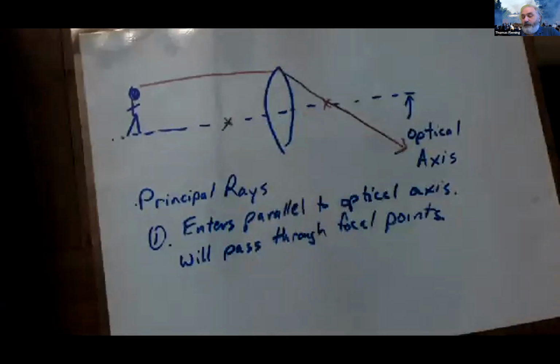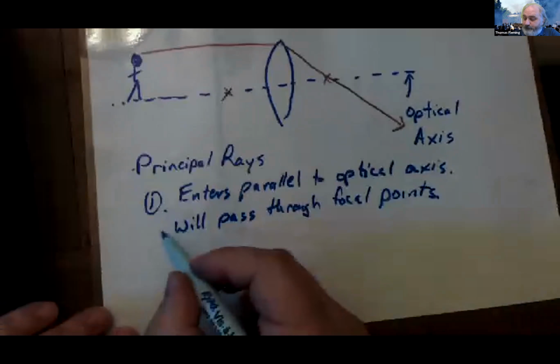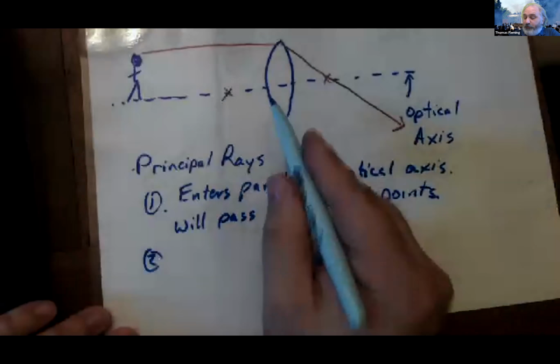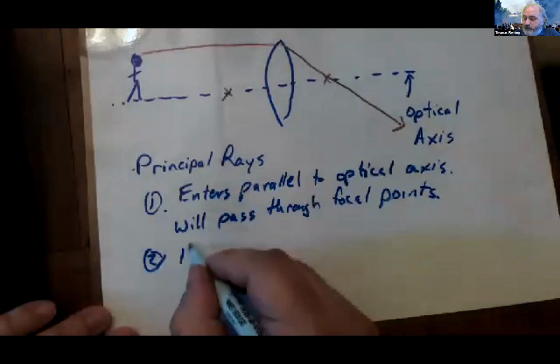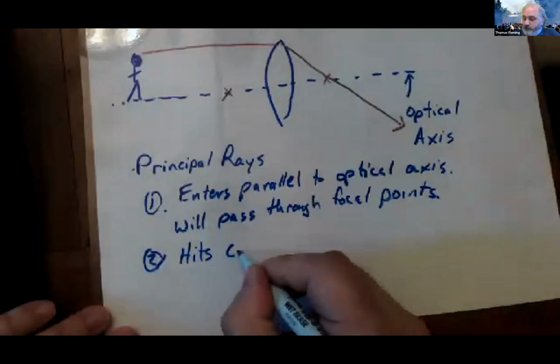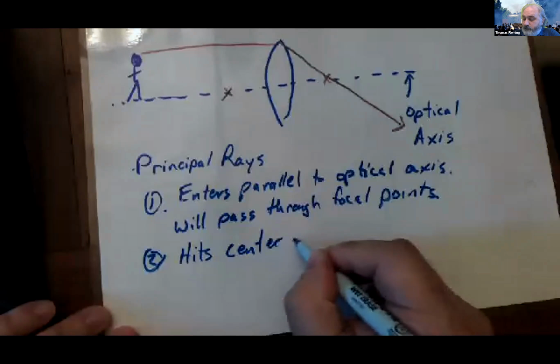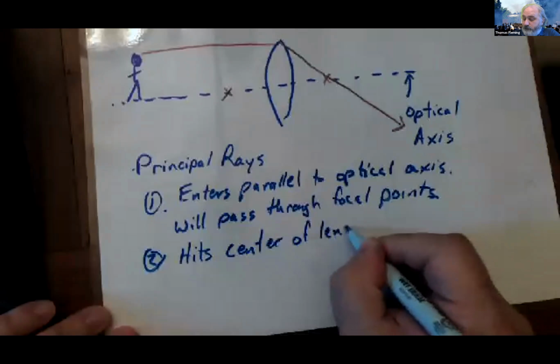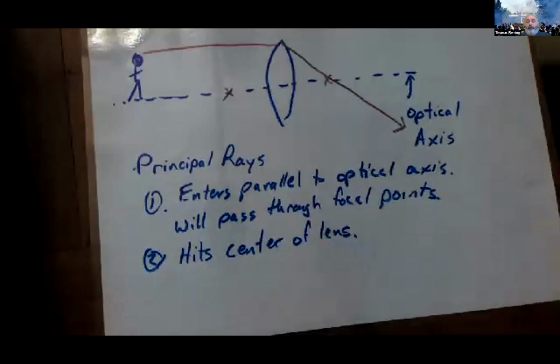Now, the second principal ray that I'm going to pay attention to is going to hit the center of the lens. Now, remember we had that square up there and I had the line come in and hit, and it bent on the way in and it bent again on the way out, so it came out parallel.